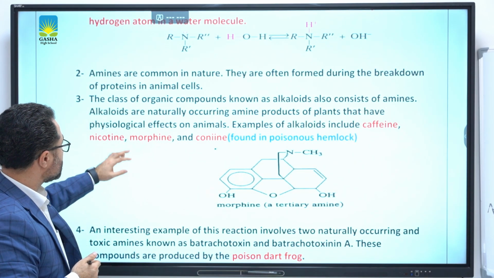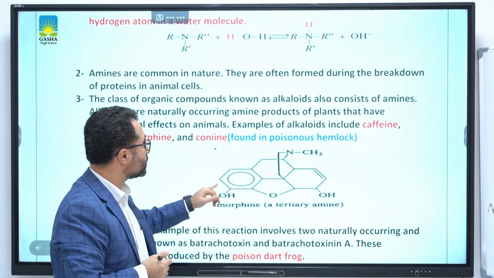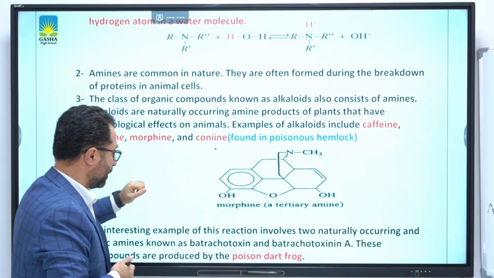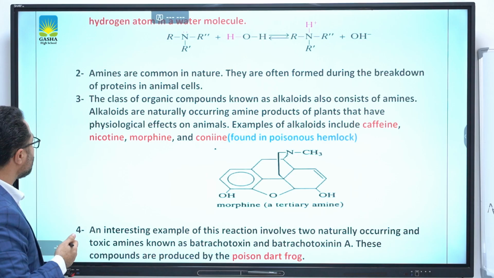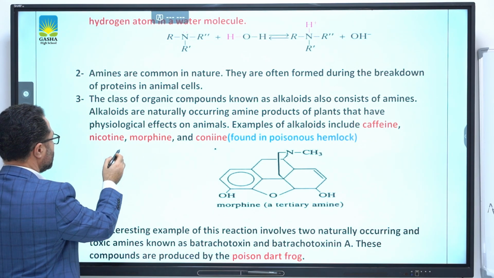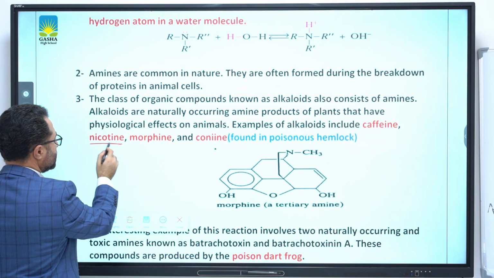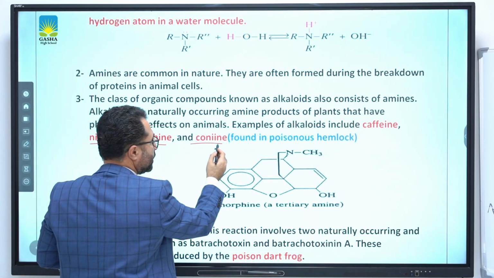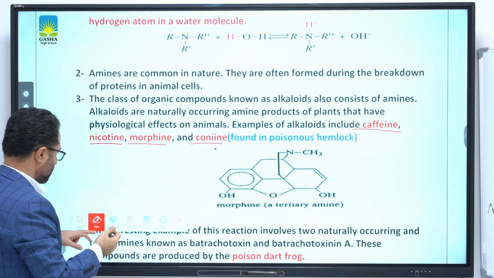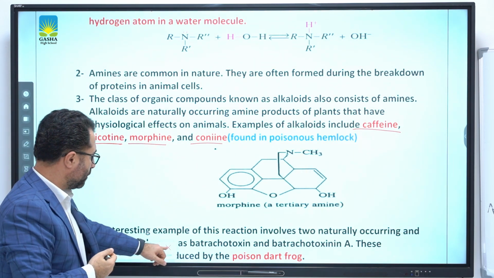And we have some classes of organic compounds containing nitrogen atoms known as alkaloids. Alkaloids are bases like caffeine, nicotine, codeine. Many drugs are amines: nicotine, morphine, codeine, caffeine, and we can use them as pain relievers, for example morphine.